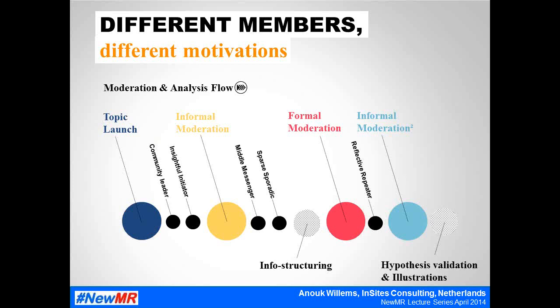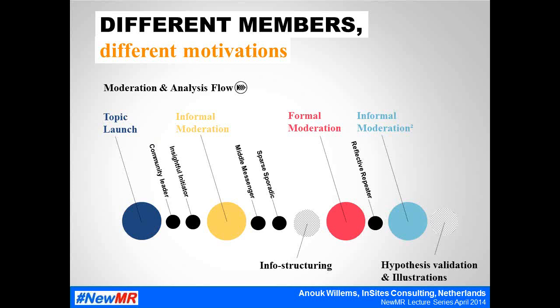What about the one before, the informal moderation? That's used as a moment to ask additional questions, steer the discussion a bit, and encourage them to continue. And this usually happens at around 15 posts, so halfway. Now, to make sure that we can draw a good conclusion around that number 30, we really need that informal moderation.